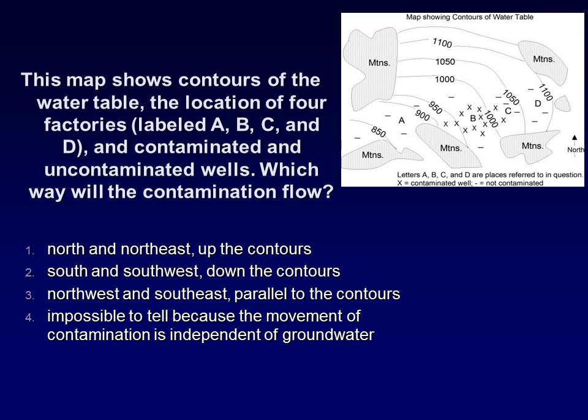This map shows contours of the water table, the location of 4 factories labeled A, B, C, and D, and contaminated and uncontaminated wells. Which way will the contamination flow?